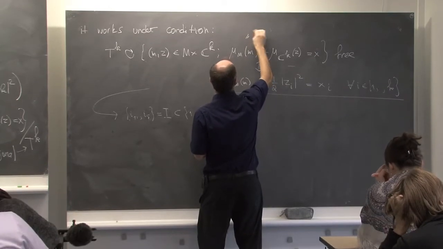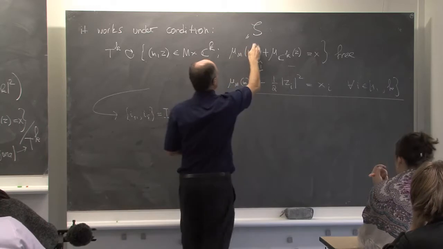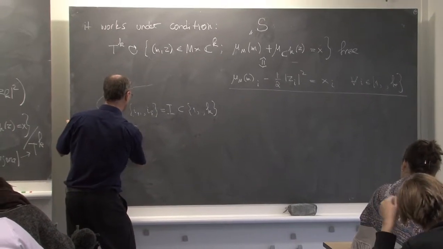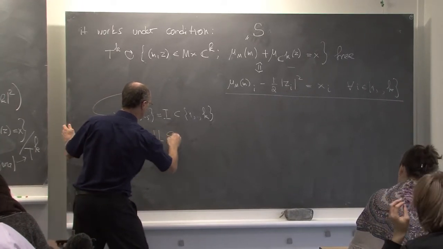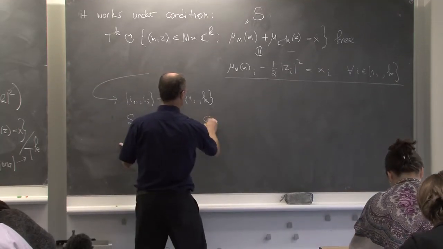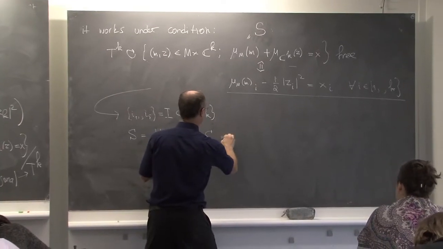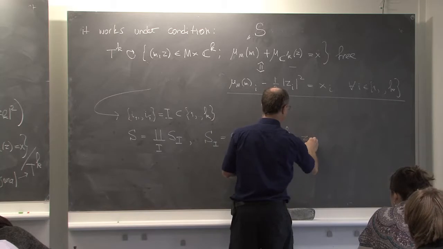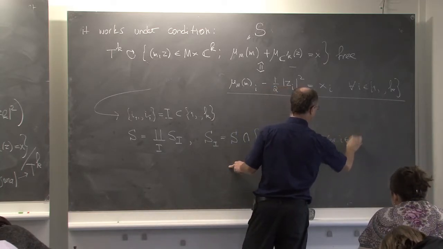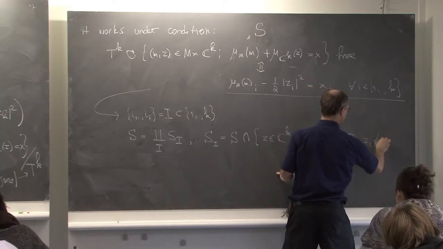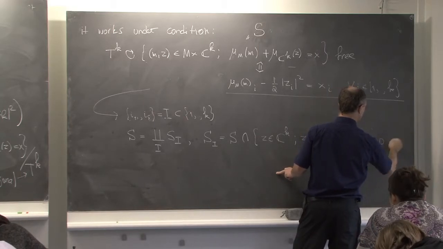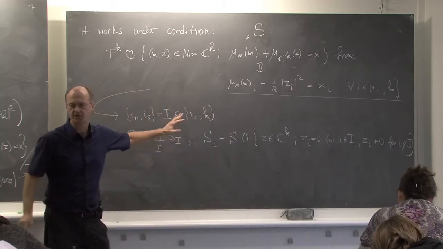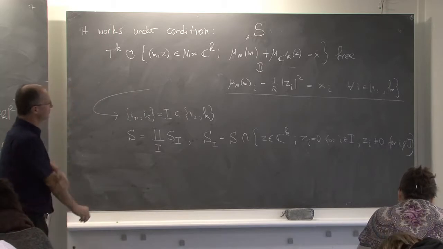Temporarily, let me call it S. So S will be a disjoint union of SI's, where SI is S intersection with the subset of Z in CK where Zi is equal to 0 for i in I, and Zi is not equal to 0 for i outside I. Of course, some of them may simply be empty, but in any event, that's a disjoint union.